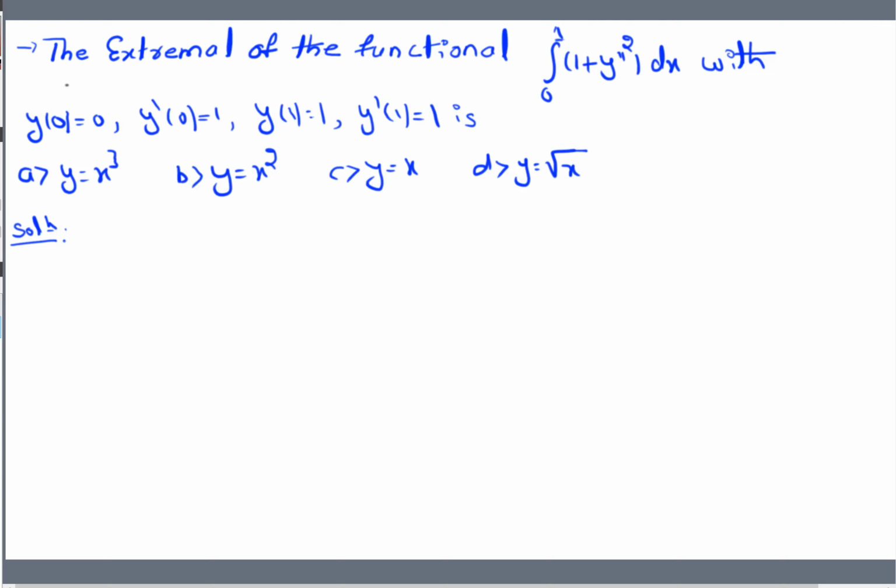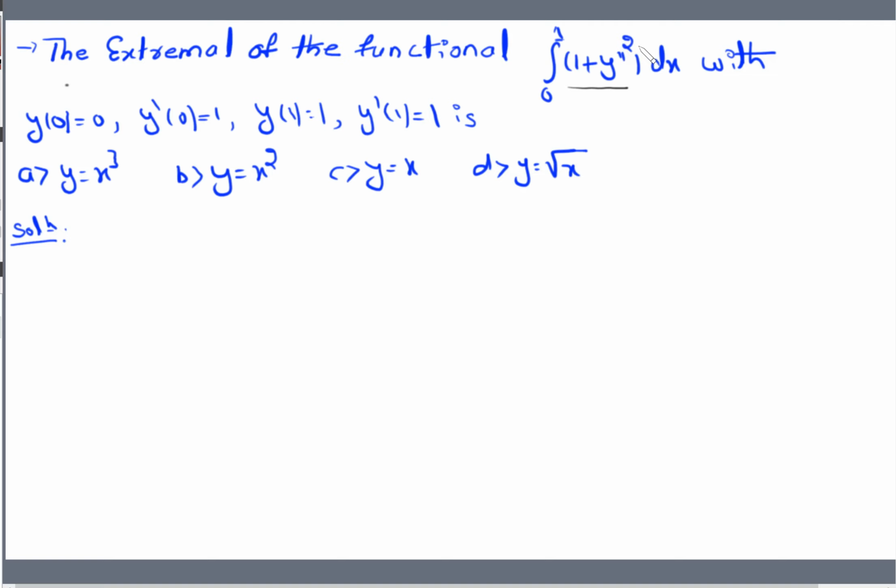Here the functional involves one plus y double dash whole square, which is nothing but a higher derivative.